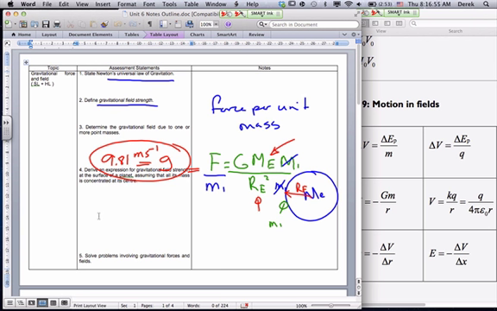Obviously, if I've got a mass of 1 kilogram, it will experience a force of 9.81 newtons. If I've got a mass of 2 kilograms, it would be double that. This is a force per unit mass.